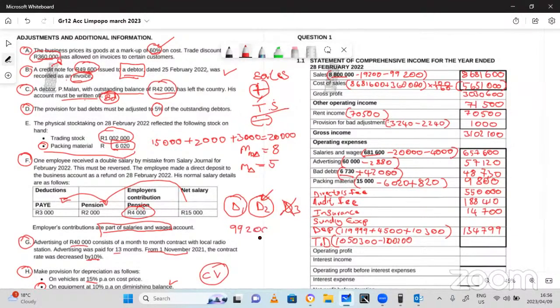To explain this a little bit further, remember, we previously recorded someone's return as if he was buying. So we previously recorded as if we were taking stock out of the business, but actually he was returning the stock. So our trading stock was increasing, but we previously recorded it as if our trading stock was being decreased.